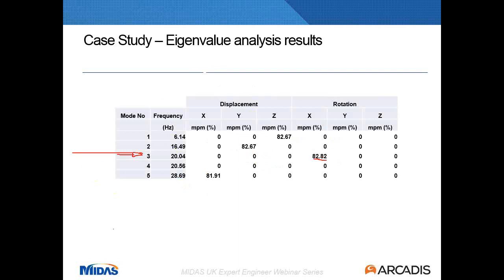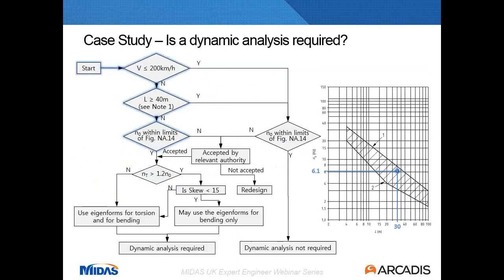And if I use these results in my flowchart, this was where we ended up before, in this check here, and we needed to check if the fundamental mode was within the limits of figure 14, and we have a bridge of 30 meters. That's this value over here. The first fundamental frequency was 6 Hertz. That's its value here. So we see that we are within limits. So fine, we can go down and continue in the flowchart.